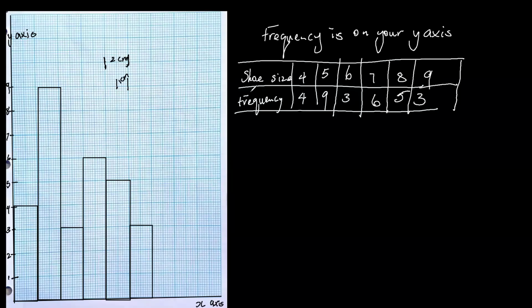All right, frequency on your y-axis. At that space, they put it in the corner. Frequency on your y-axis.